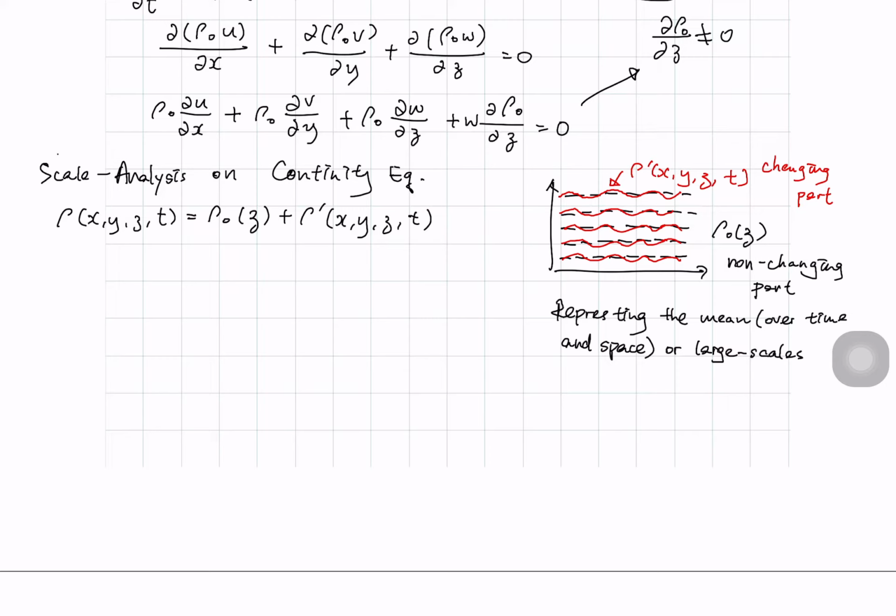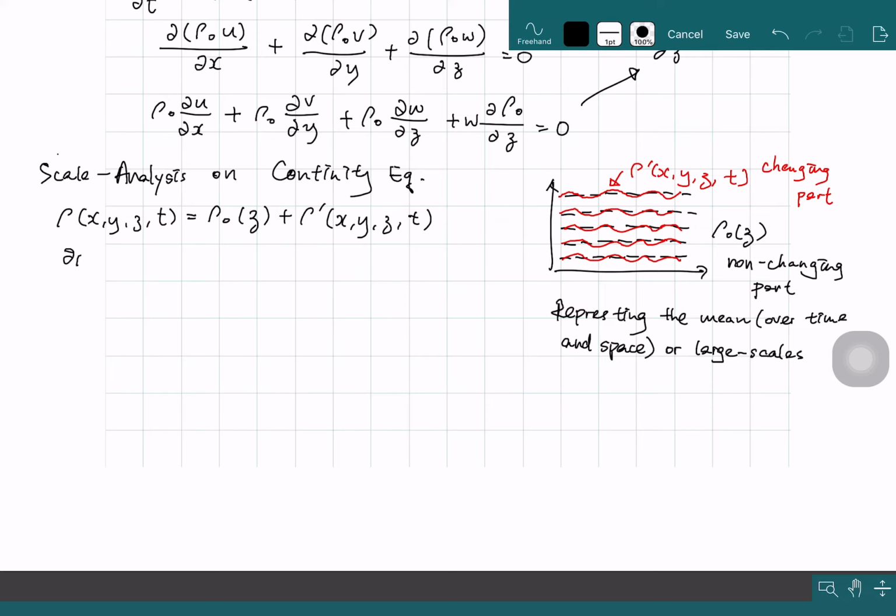Okay, so what does that mean? It means that we know that this is not 0, right? This is not 0, okay, the oscillation.